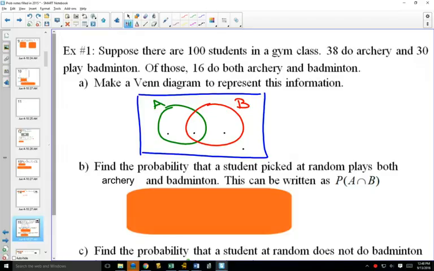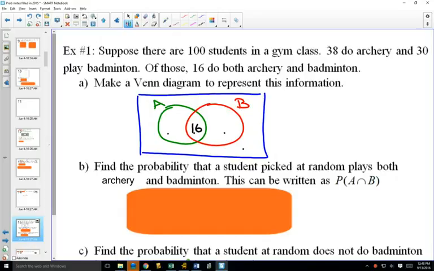Yes, they do exist. Okay. So we look at our information and we have to decide, is there a number that we could put in right away? Which one? The 16. Because the 16 is both, and that's where we would start. There's 16 going to be in the middle.